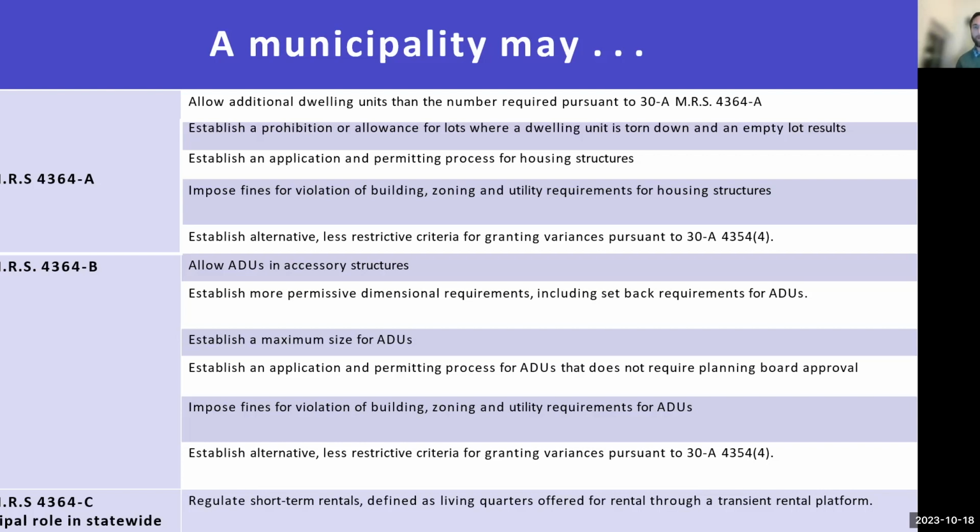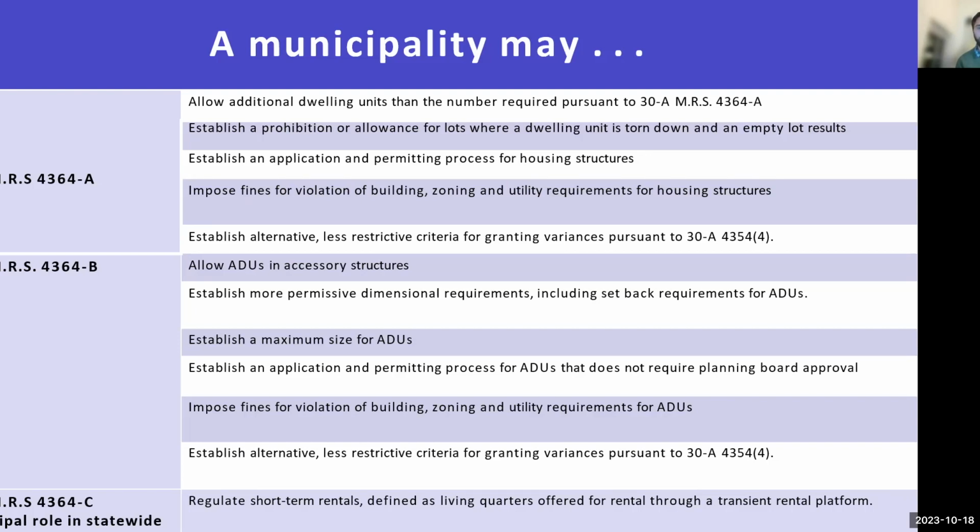You can allow a less restrictive criteria for variances for any of the 3 statutes. Specific to ADUs, you could also have specific performance standards around the ADU, or establish a maximum size for the ADU, because the state statute only establishes a minimum size for an accessory dwelling unit.